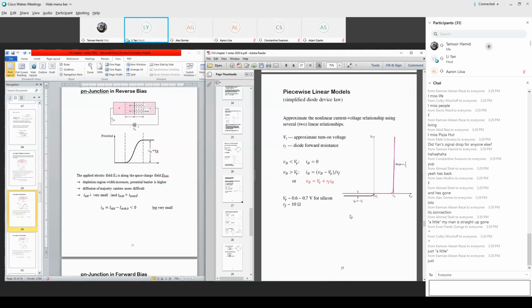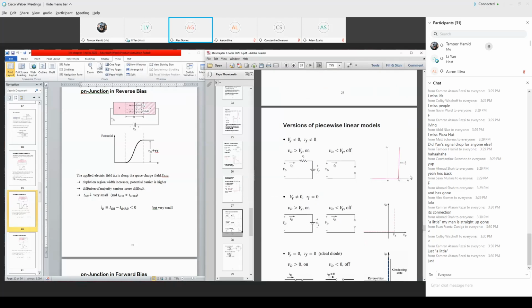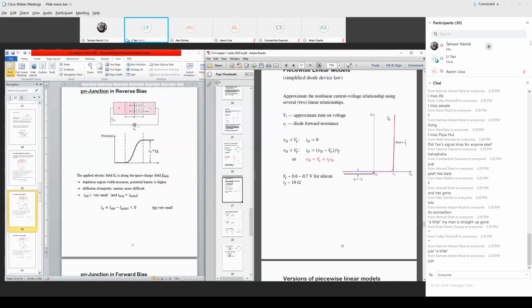But does that approximation model contradict the diagram we saw later, like the last slide we were on? See, this is a straight line here. Ignore this corner.